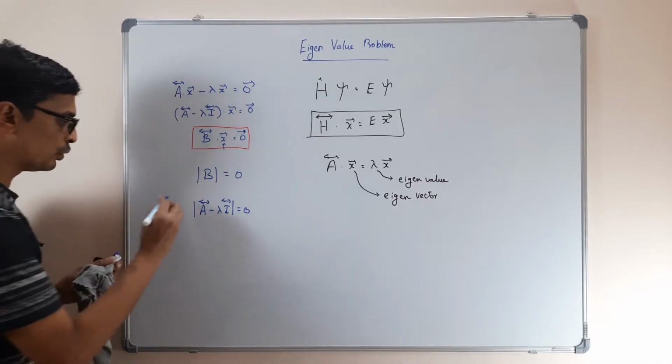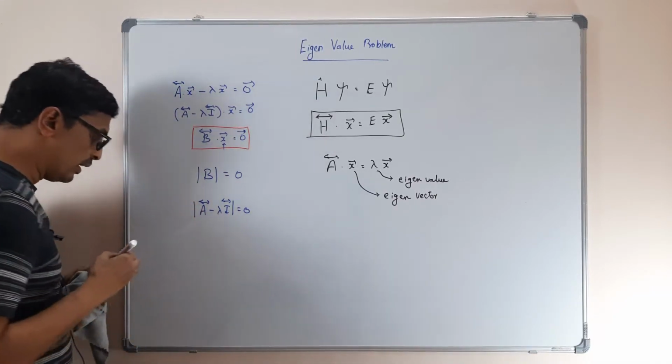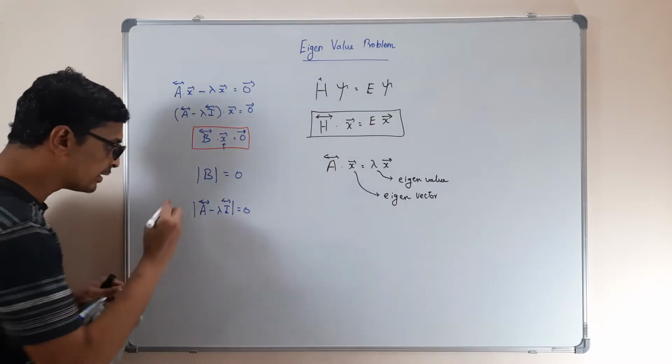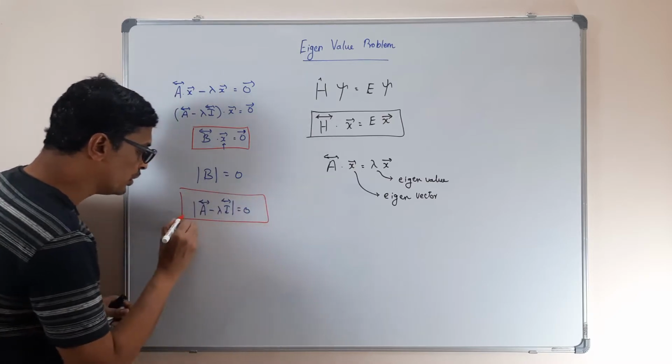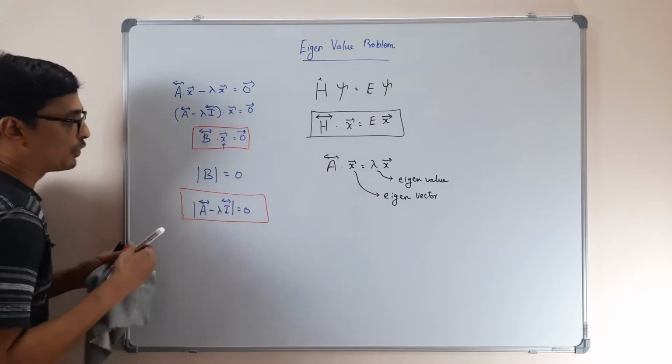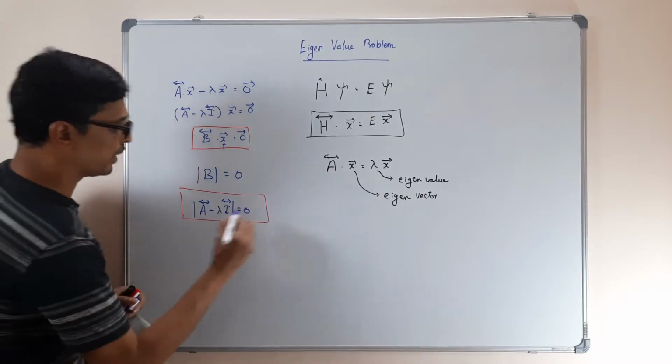When you try to solve this equation, determinant of A minus lambda I equal to 0, suppose matrix A is an n cross n matrix.